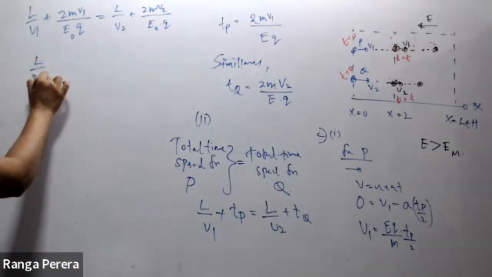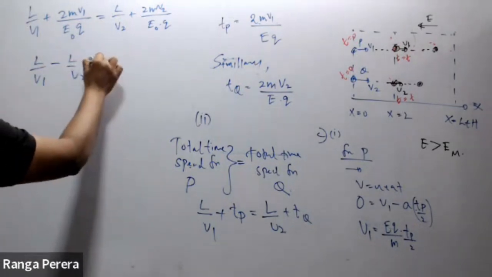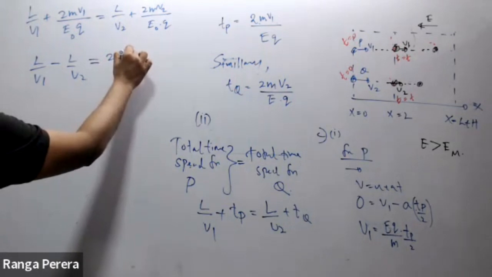L divided by V1 minus L divided by V2 equal 2m.